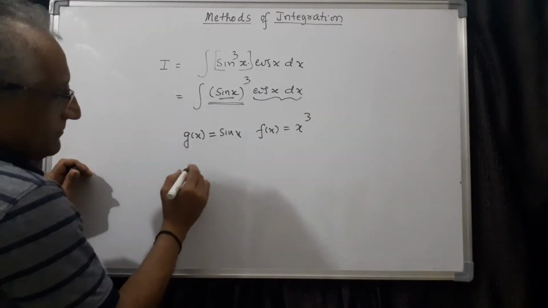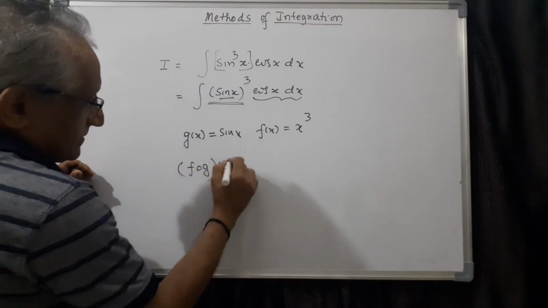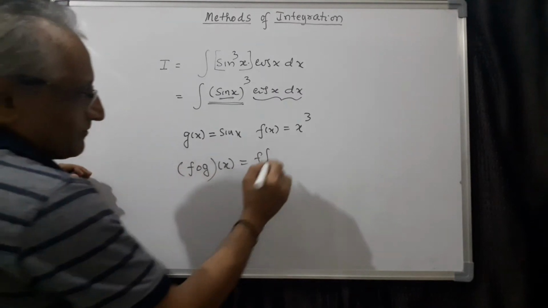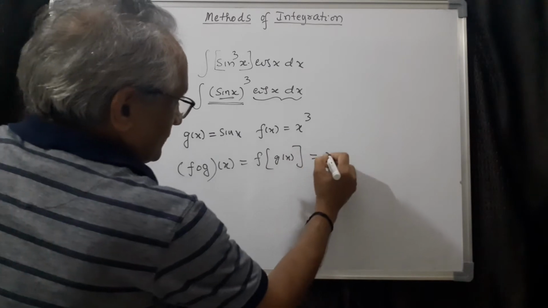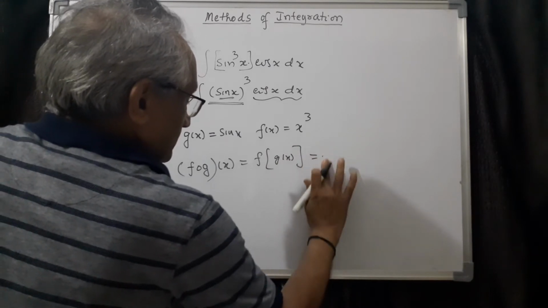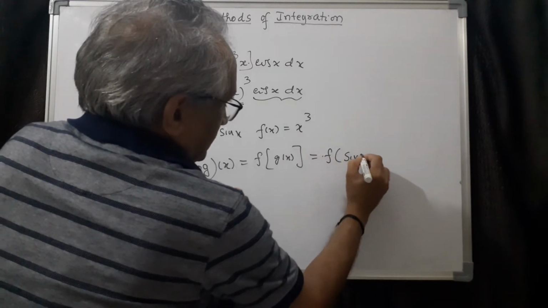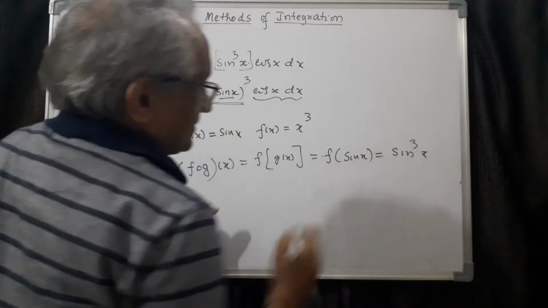Now if you take f of g of x, this you have studied in the first chapter, this will be f of sin x, and f of sin x is sin cube x.